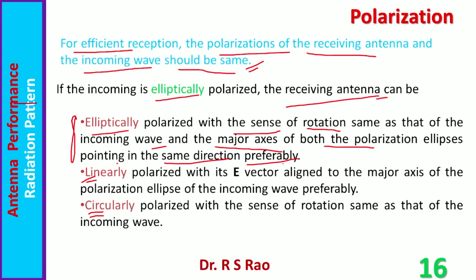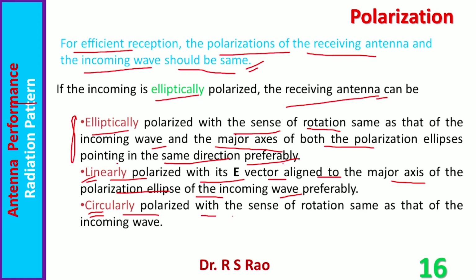When matching is not perfect, then suboptimum performance. So when the incoming wave is elliptically polarized, a linearly polarized antenna with its E vector aligned to the major axis of the polarization ellipse of the incoming wave can also be used, but as already mentioned, it is suboptimum performance.